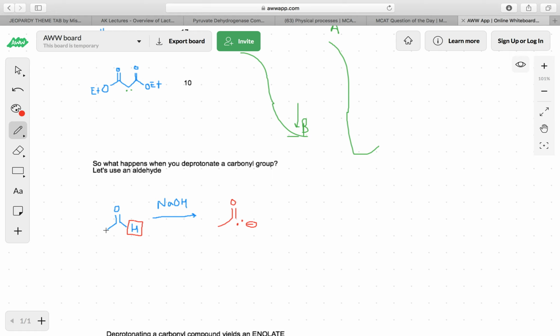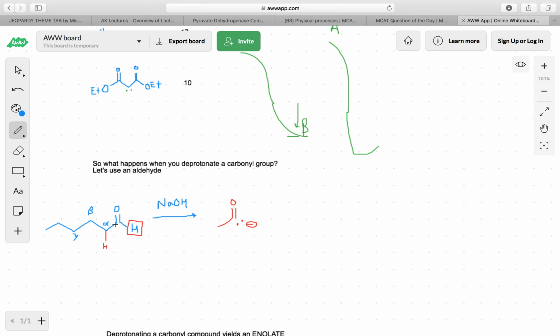What we do instead is we grab a proton from the alpha carbon. And in case you guys forgot your Greek lettering, the way it works is, let's just extend this chain to prove the point. If we want to use Greek lettering, we don't start off at the carbonyl carbon, we start one over. So this will be your alpha, this one will be your beta, this one will be your, I hope this is a gamma, I don't know the rest of them, alpha, beta, gamma, delta, the rest of it's not important.